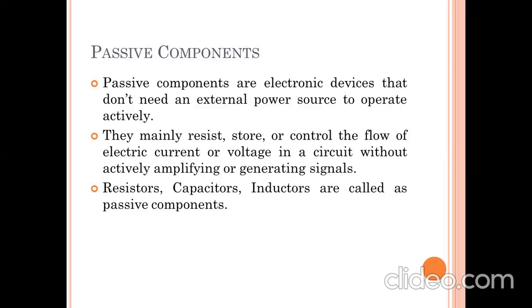They do not need any external excitation for performing their task, and the tasks they perform are to resist, store, and control the flow of electric current. The examples are resistors, capacitors, and inductors, the most commonly used passive components in electronics.